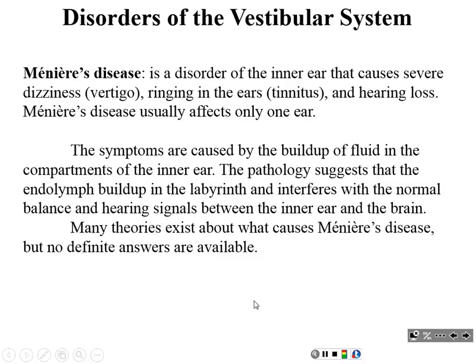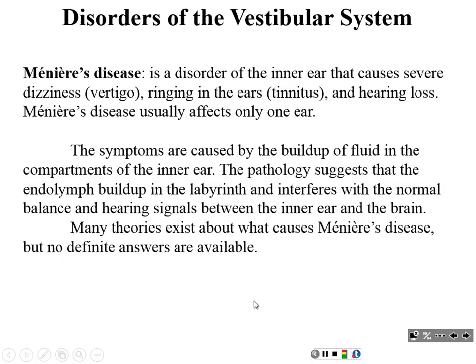Meniere's disease. I mentioned Meniere's disease at the end of the auditory class, and I said that we're going to talk a little bit more about that in the vestibular class. Why? Because it's a disorder of the inner ear that causes severe dizziness, vertigo, ringing of the ear, tinnitus, which I mentioned in the auditory class, and hearing loss. And usually Meniere's disease only affects one ear.